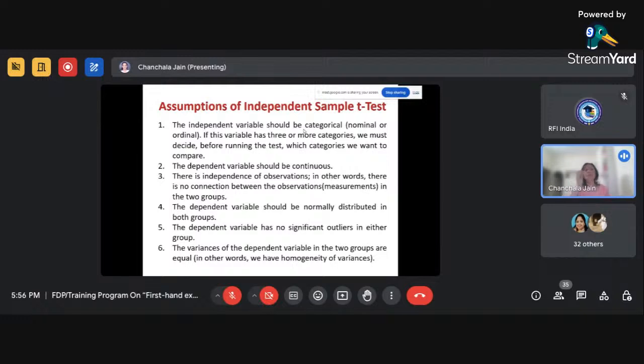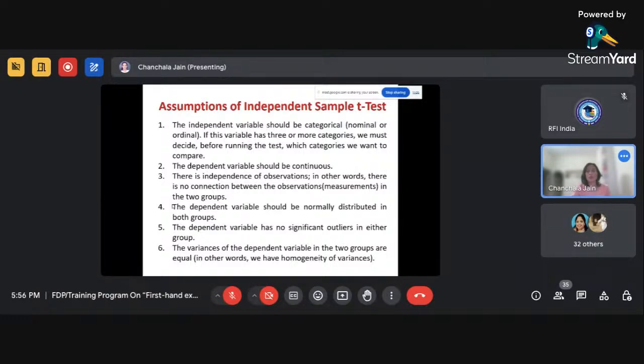The second assumption says the dependent variable should be continuous. So whichever variable you have that is numeric or continuous in nature, you can take as a dependent variable. So these are the two basic requirements. I think I already discussed this previously, and in the assumptions section also we can see them. Next says there is independence of observations.